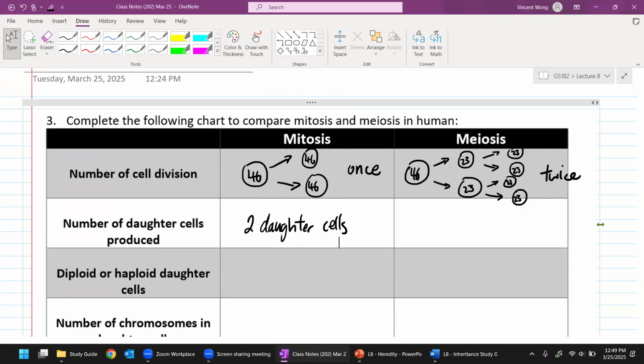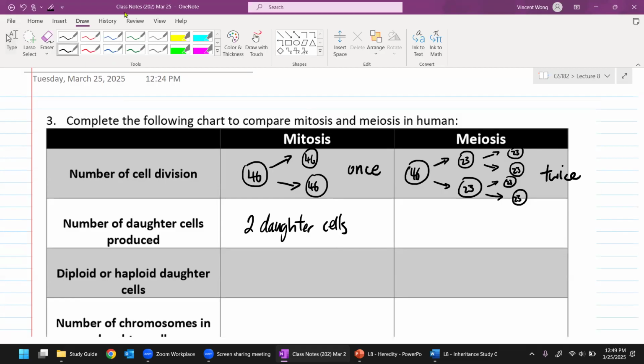Because we have to create an exact copy of the original, right? Start with 46, you double it, and then you split, it becomes 46. How many daughter cells for meiosis? Four. Okay, thank you.